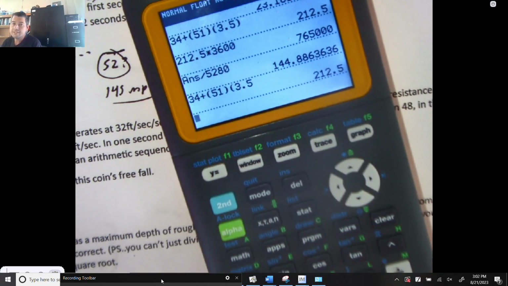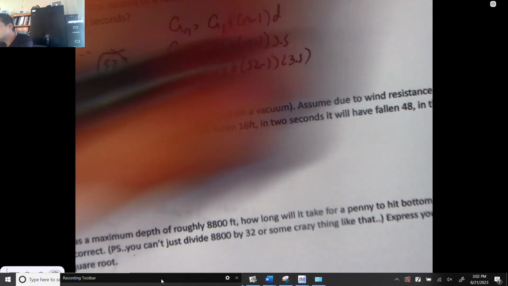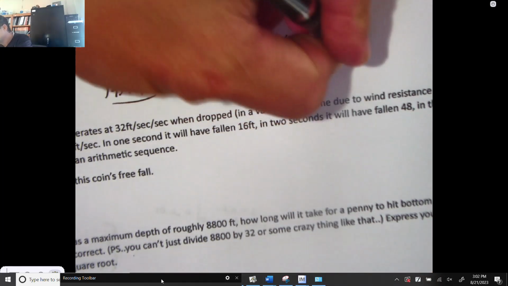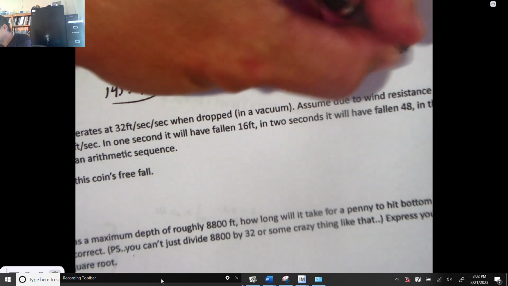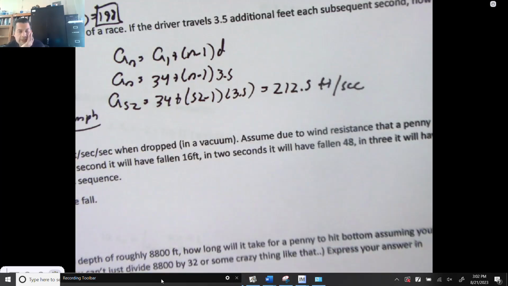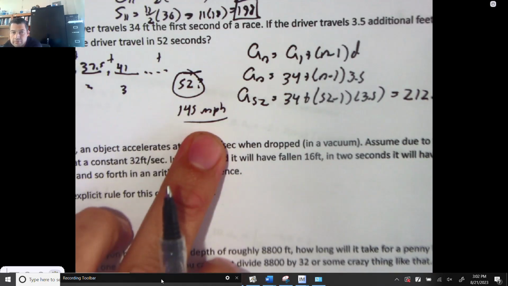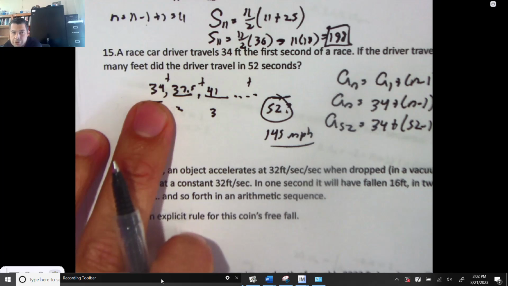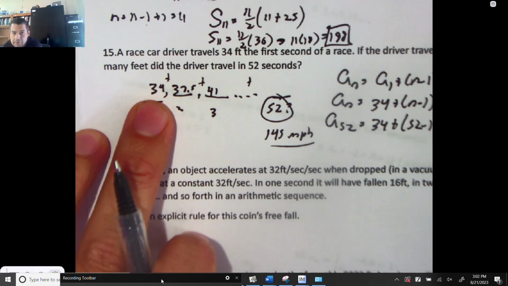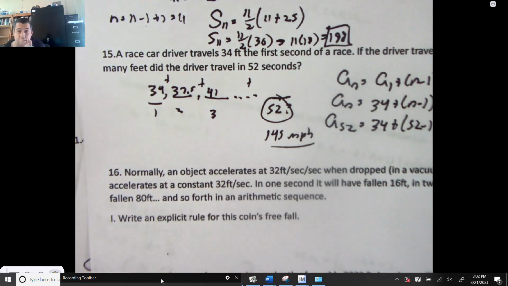In his 52nd second, he's traveling 212 and a half feet per second, which is a lot. And that's why I was kind of curious what's going on here about the mileage. He's going 145 miles an hour. Back here, he's about 22, 23 miles per hour. So he's accelerating. And we're talking about a race car driver. 200 miles an hour is not outside of realms here at all.